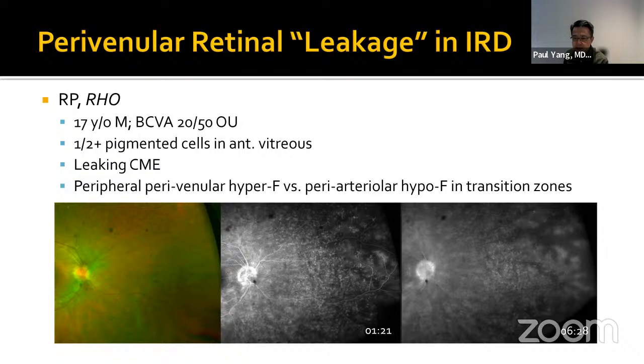And again, you see this feature that I talked about, a perivenular hyperfluorescence juxtaposed to a periarterial hypofluorescence. Again, you will see these, and they tend to occur in the areas we call the transition zones. These are the areas where there's active degeneration.